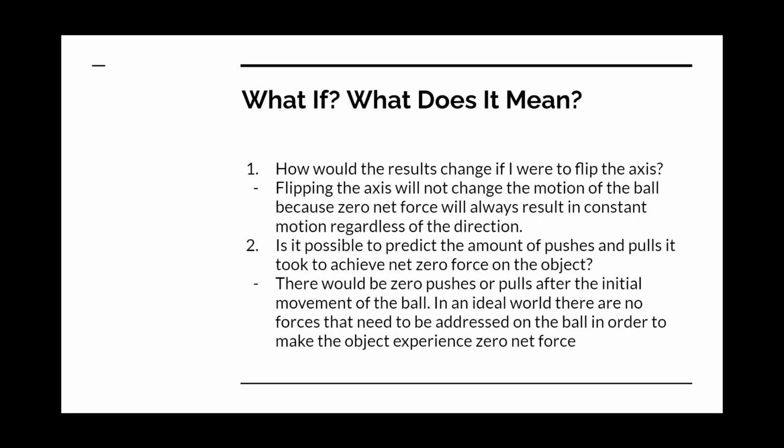So what if and what does this mean? How would the results change if I were to flip the axes? Flipping the axes would not change the motion of the ball because zero net force will always result in constant motion regardless of the direction. Meaning this could go negative, we could switch it to y motion. It wouldn't matter because zero net force will always have a linear motion, meaning that if you were to flip it, it would still be linear.